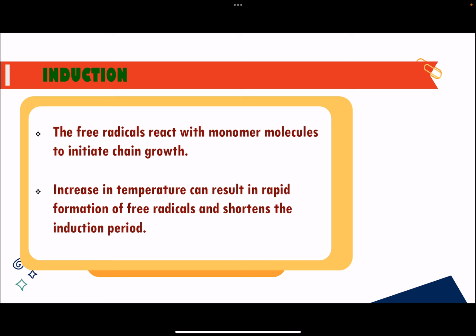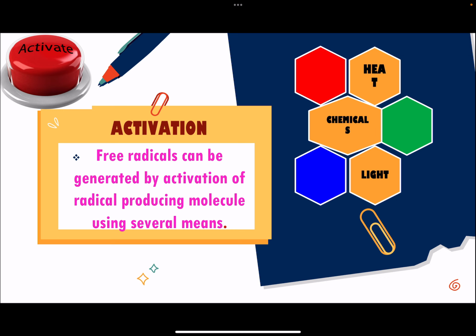The increase in temperature can result in rapid formation of free radicals, and this shortens the induction period. Activation: the free radicals can be generated by activation of the radical producing molecule using several means, most commonly heat, chemical or light. Accordingly, such polymers are termed as heat activated, light activated or chemically activated.